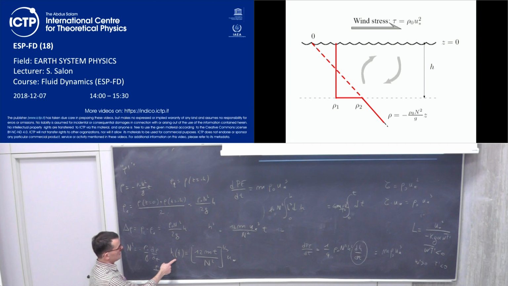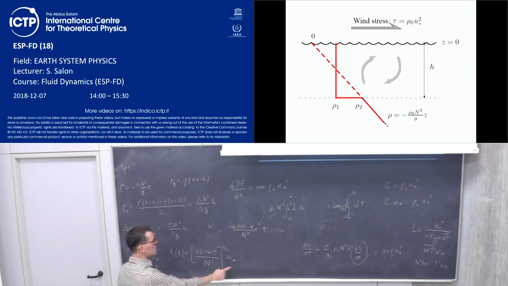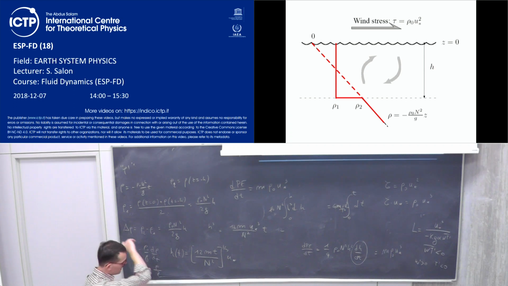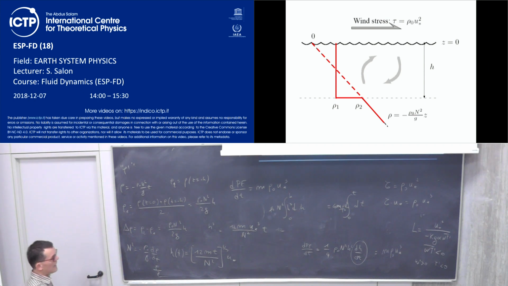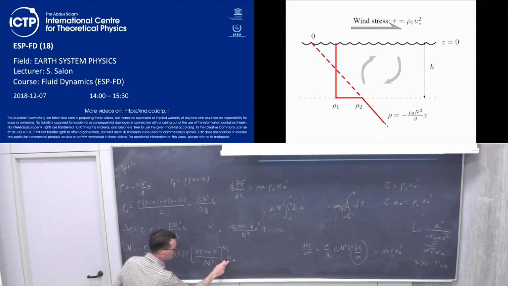So h grows linearly with the u star. Of course, the stronger is u star, the larger will be h. It increases according to a 1/3 power of time, and it is obviously inversely proportional to n squared. So the larger the stratification, the more difficult it will be, with a given u star, to destroy the stratification and to increase the h.